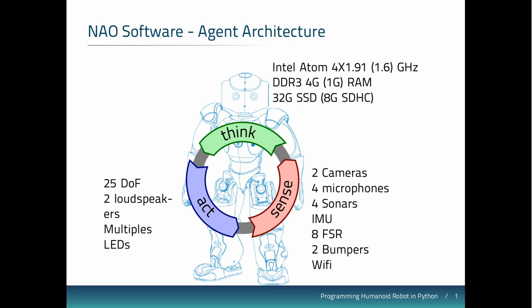The think takes the results of the sense to make the plan or decision. Lastly, act makes the action by, for example, moving motors and changing LED lights according to the decision made by think.